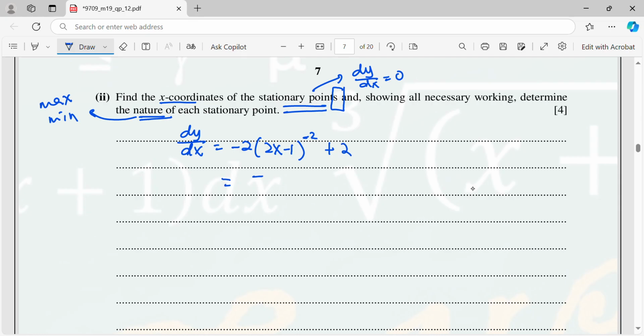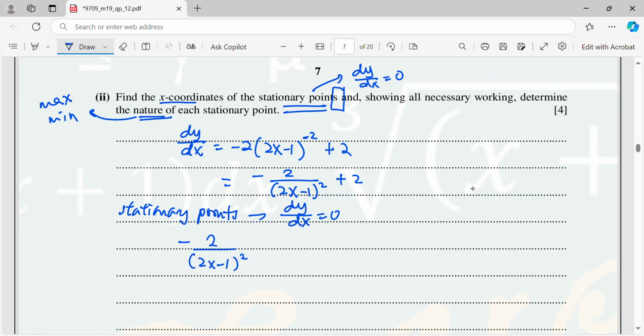This is basically minus 2 over the square of (2x minus 1), then you plus 2. And now stationary point means dy/dx equals 0, which means minus 2 over (2x minus 1) squared plus 2 equals 0.